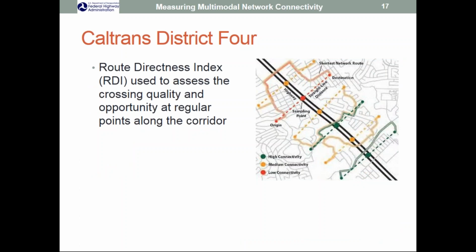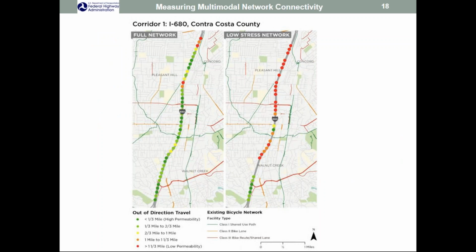So how permeable are the state highway networks and what is the quality of the crossings? So with this, we were able to measure the potential for crossing at regular intervals across all of the state roadways and help target improvements to make connections to local bicycle networks.